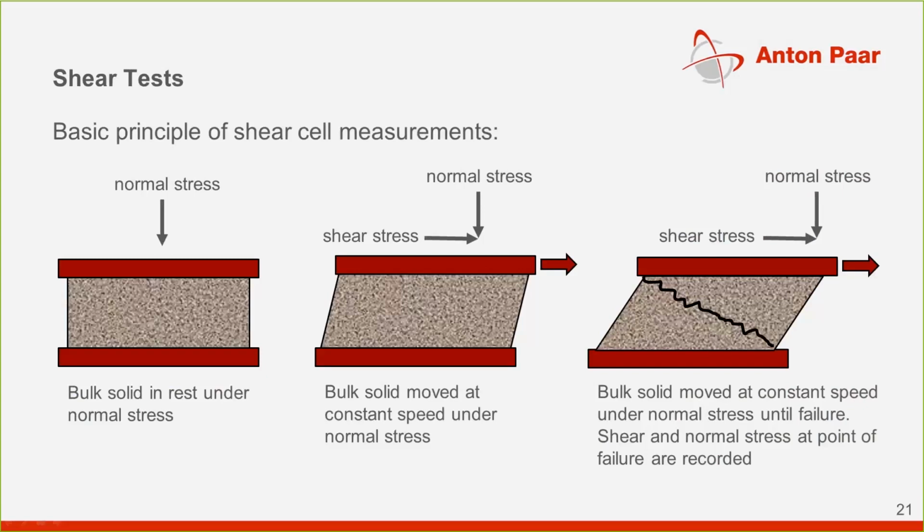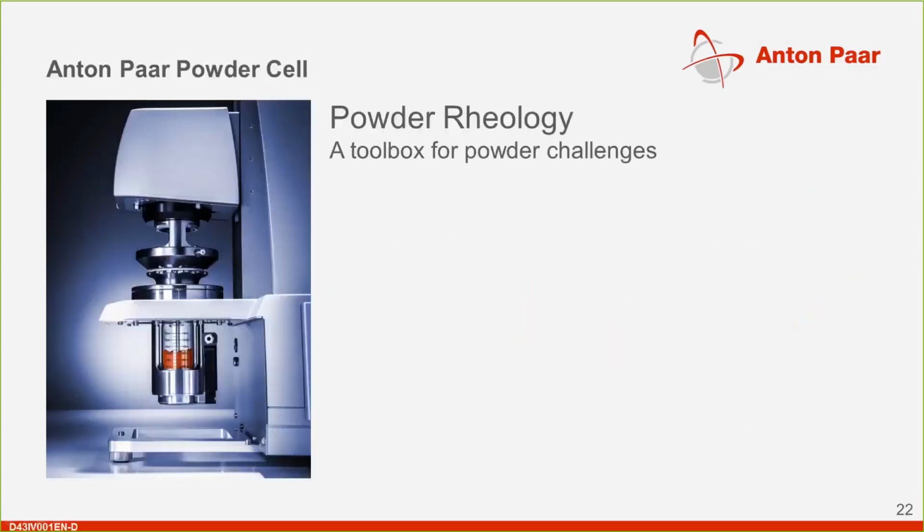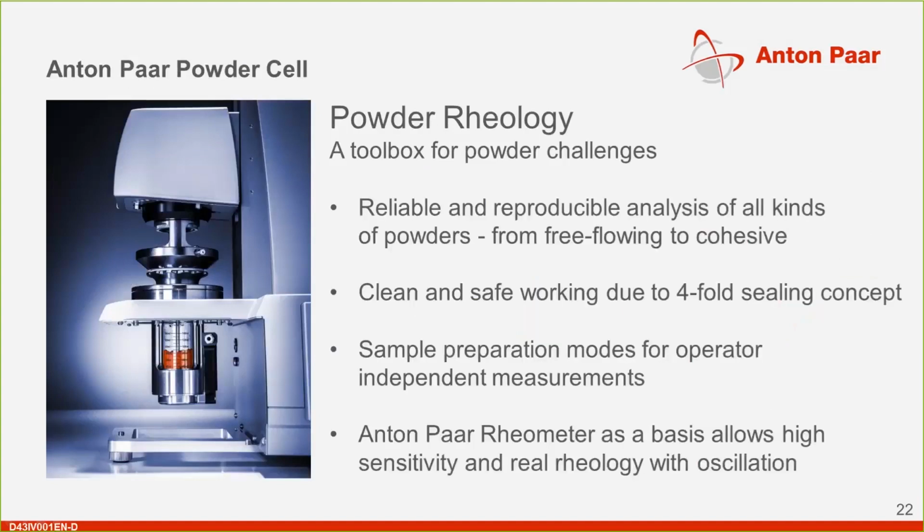Okay, so then let's switch to the powder cell or powder rheology. So this is just to give you a bit of an overview of what can happen in the powder cell. Well, first off, there are some main points. Basically, why this is quite an advantage of using a powder cell in a rheometer is that since there's the air bearing in the rheometer, this allows for quite high sensitivity, as well as that real rheology can be carried out here, so we can oscillate the sample, for example.